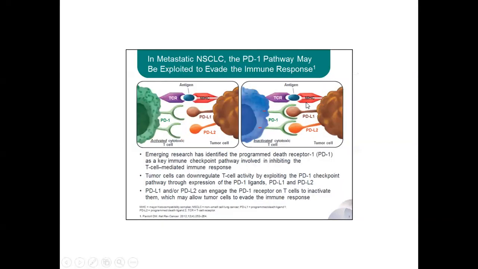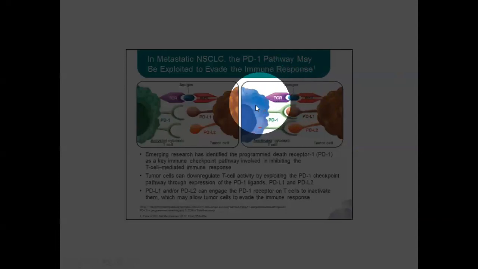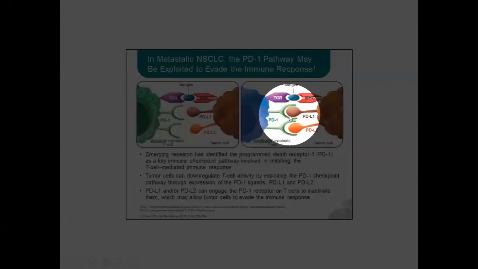So this is what happens instantaneously after the antigen is presented in the context of the T cell receptor. This T cell got activated, but this constellation will inactivate the T cell.